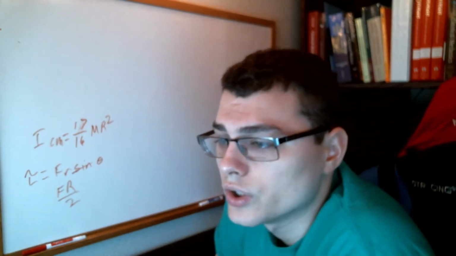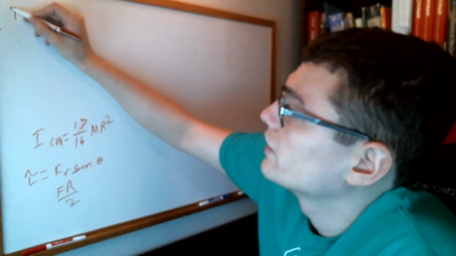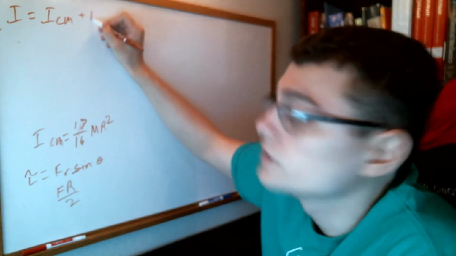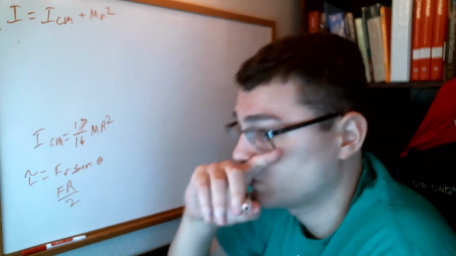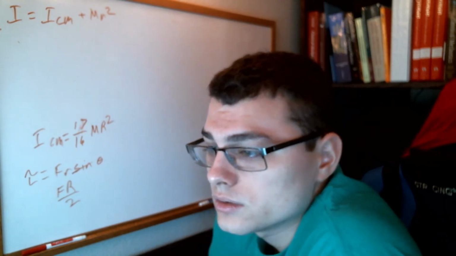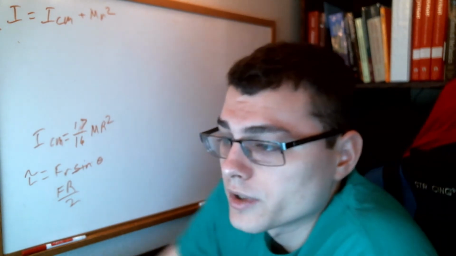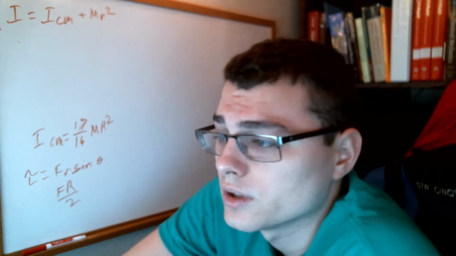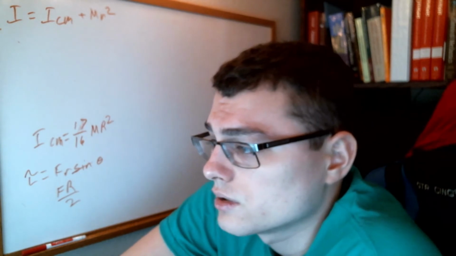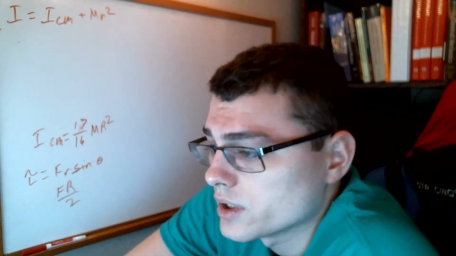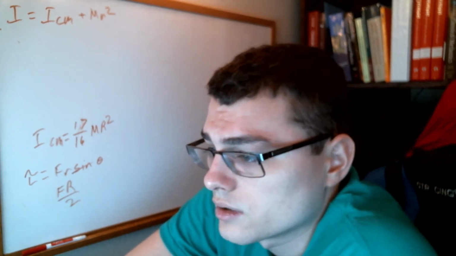Okay, so this is going to be I equals I_CM plus m r squared, where little r is the perpendicular distance between the two axes.